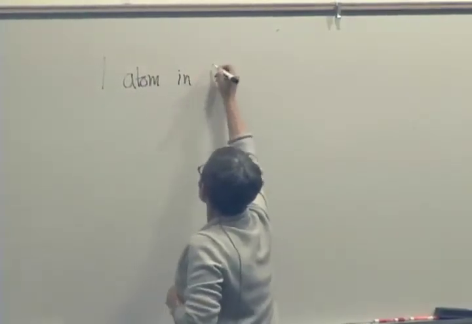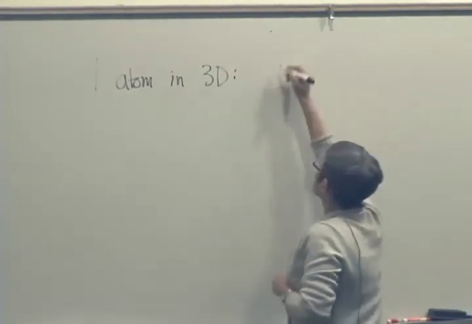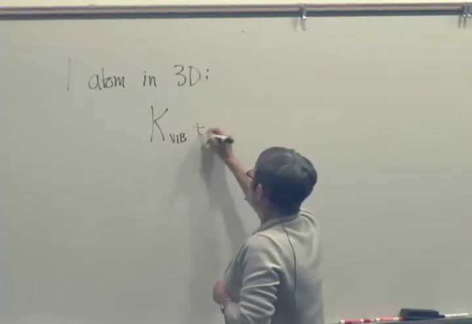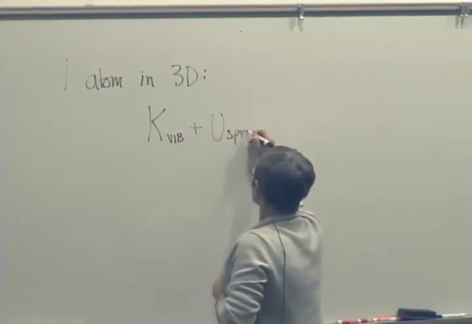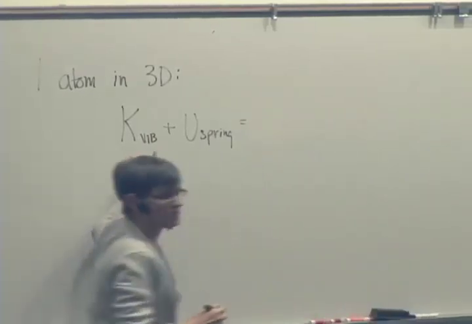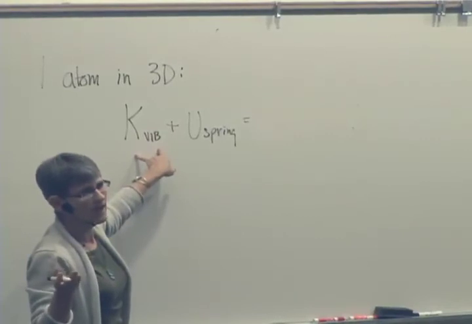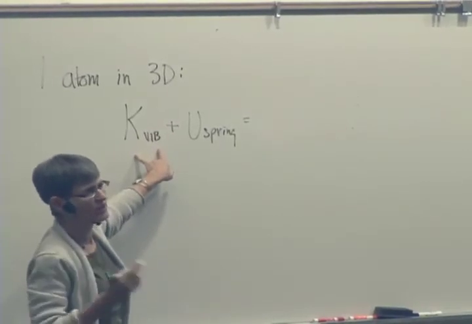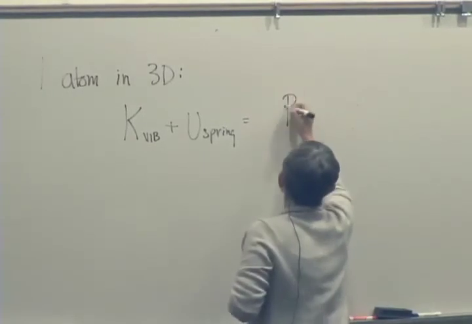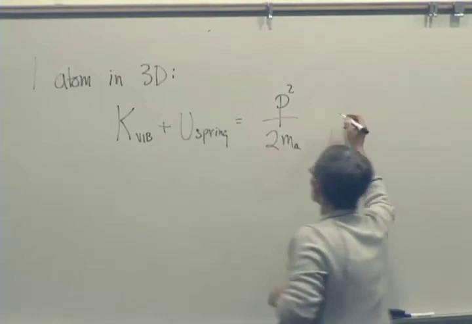So one atom in 3D, we have K vibrational plus U spring is equal to, well, this is just kinetic energy. It's half mv squared, or remember that's equivalent to p squared over 2m. So we can write this as the momentum squared over twice the mass of the atom.